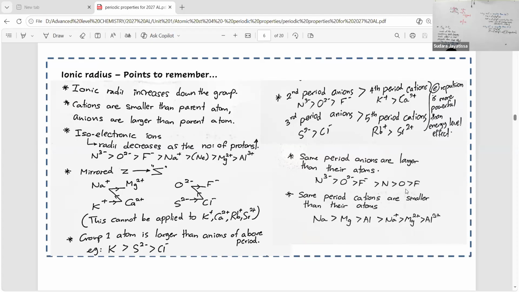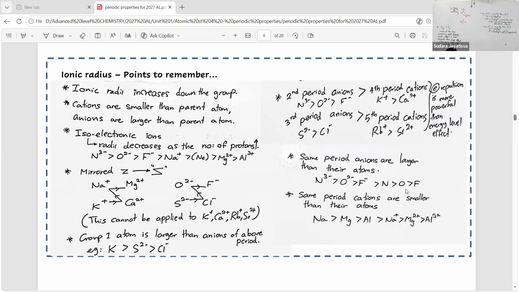And then the next thing, the mirror descent. It is applicable for sodium, magnesium, and those things, but it cannot be applied to group 1 atoms. Now, the last point on that left side is the one you need to see newly: group 1 atoms are larger than anions of the period above.